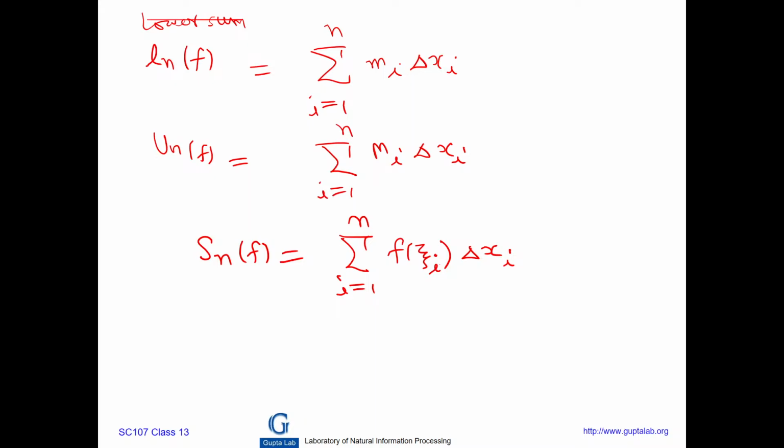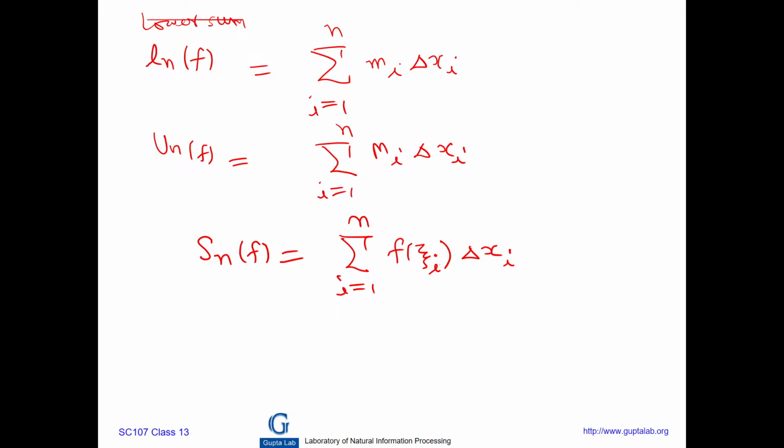If we take n approaching infinity, maxima of delta xi goes towards 0, and in that case all these three will become the same.